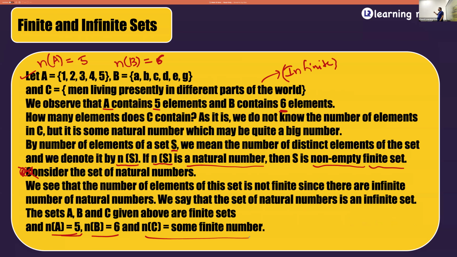It's not like men are continuously being born every second so that it is increasing to infinity. It is definitely going to be some value, which is finite. So actually it is a finite set.